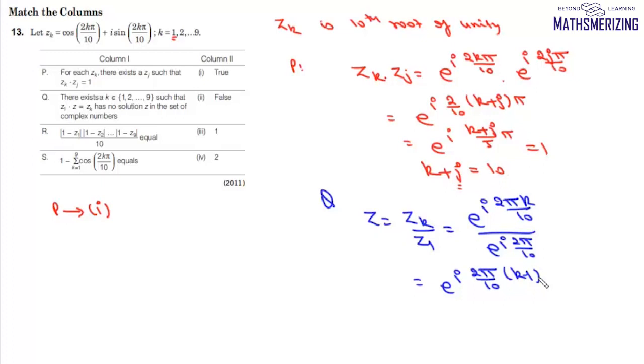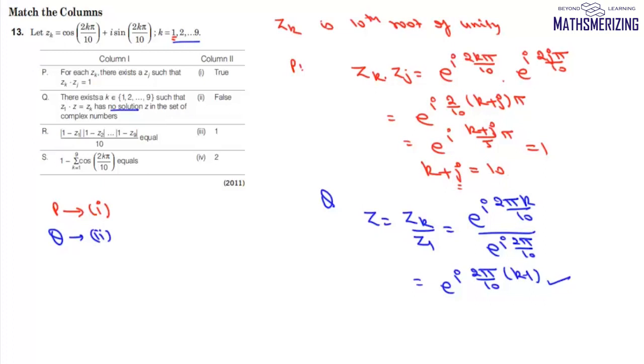So if we choose any value of k from 1 to 9, we'll always end up getting this complex number z. That means this condition that it has no solution is false. So this Q matches with second.